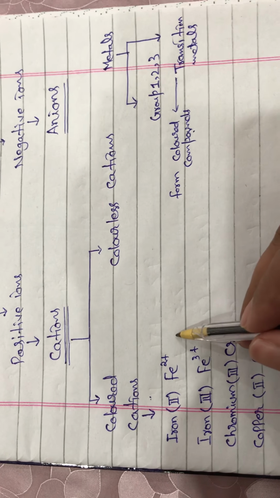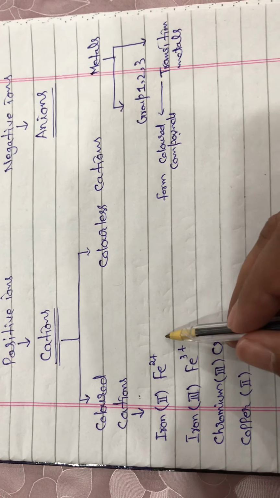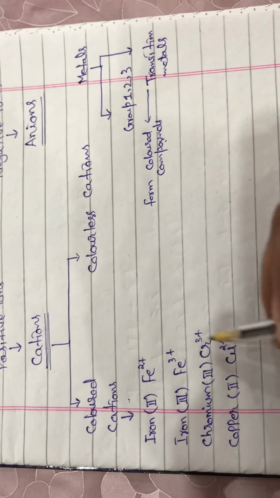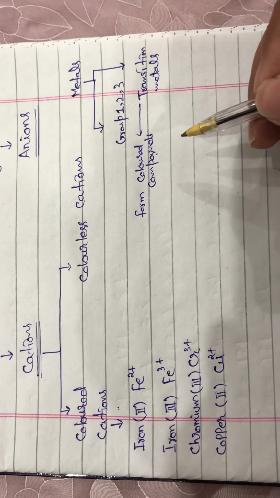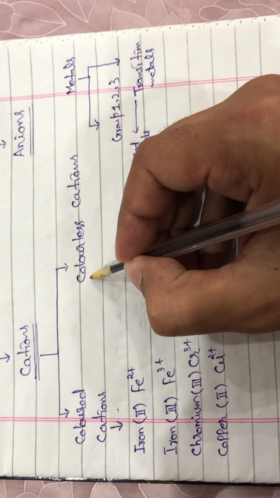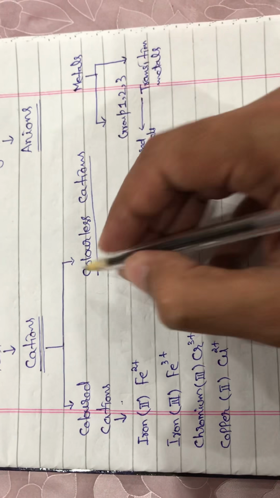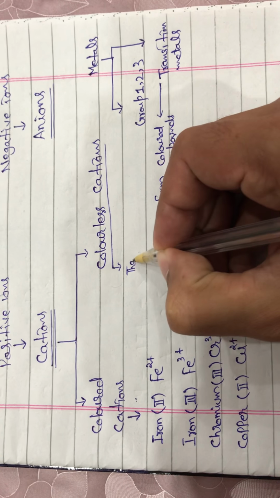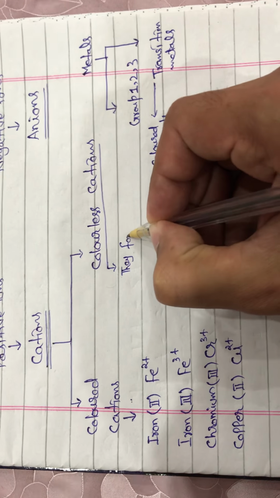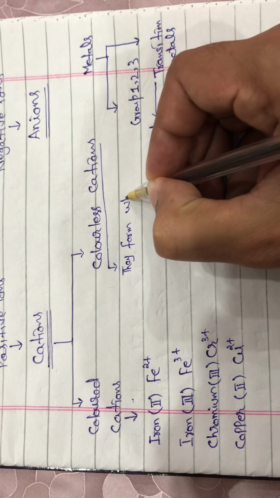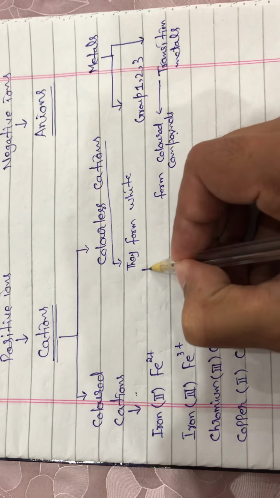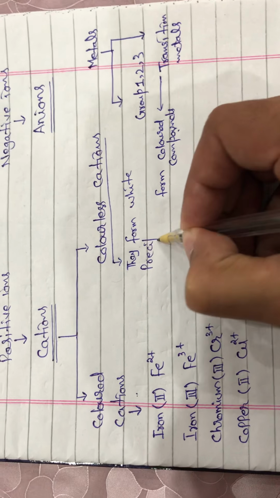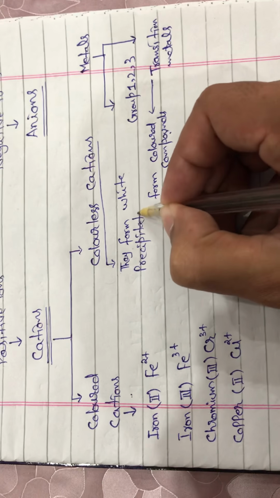Each of the cations forms its distinctive color. We will see what type of colors they will form. And talking about the colorless cations, they are not colorless, they form white precipitates.